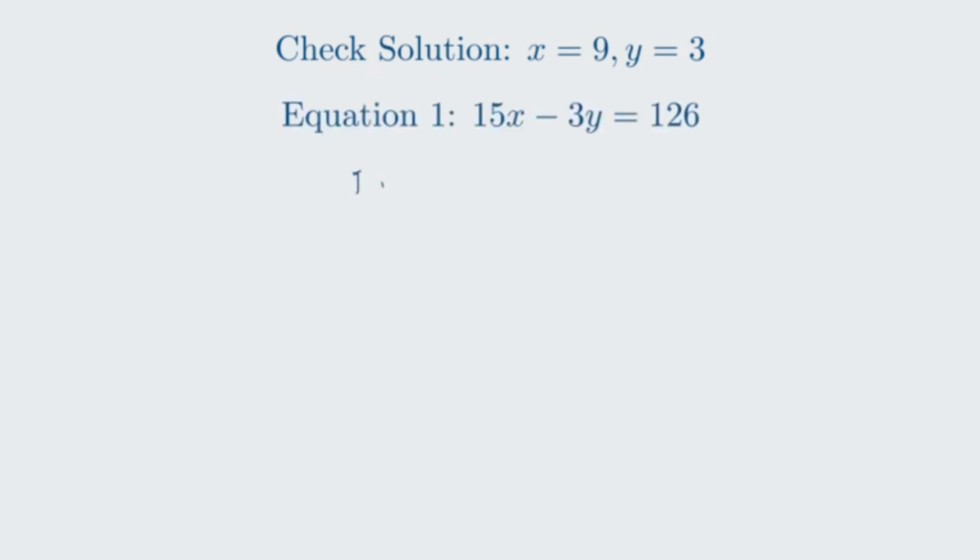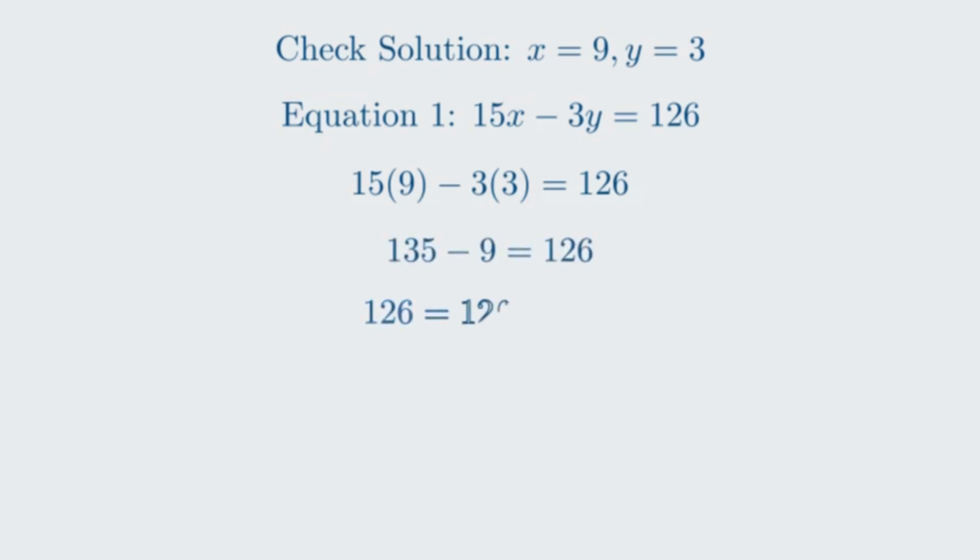We substitute 9 for x and 3 for y. This gives us 15 times 9 minus 3 times 3. 15 times 9 is 135, and 3 times 3 is 9. So we have 135 minus 9. 135 minus 9 is 126. This matches the right side of the equation, so our solution works for the first equation.